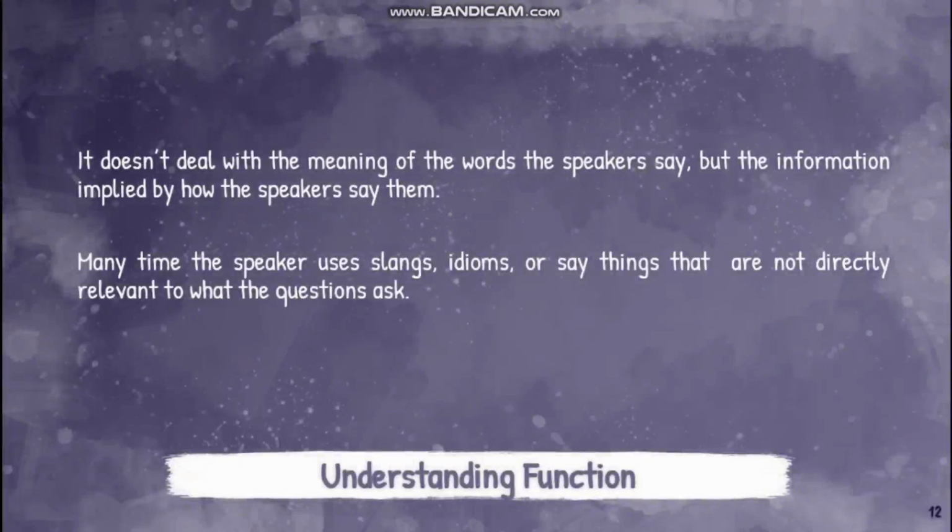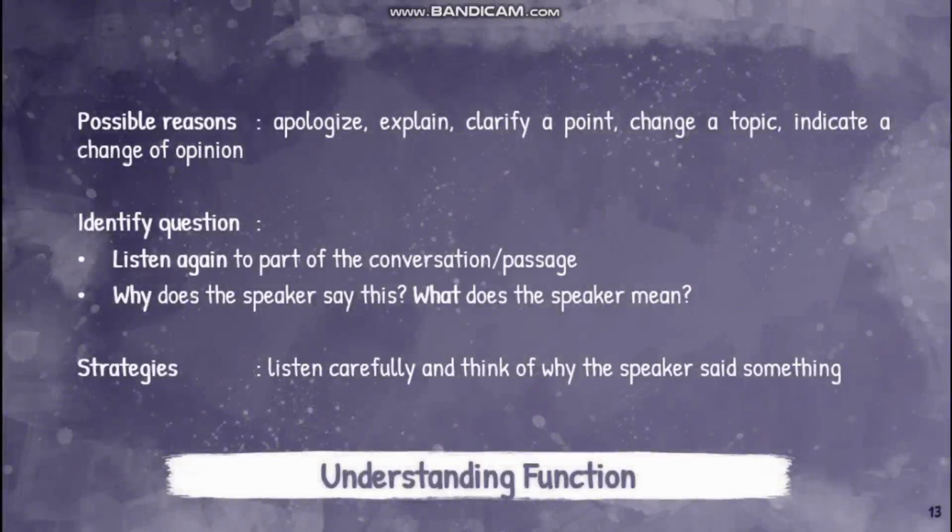It doesn't deal with the meaning of the words the speaker says, but the information implied by how the speaker said them. Many times the speakers use slang, idioms, or say things that are not directly relevant to what the question asks. Possible reasons are to apologize, explain, clarify a point, change a topic, or indicate a change of opinion.